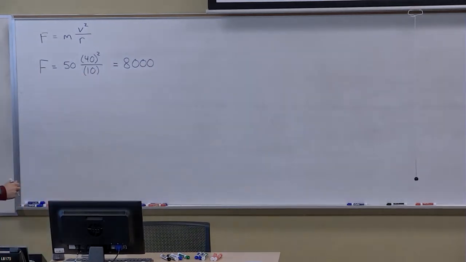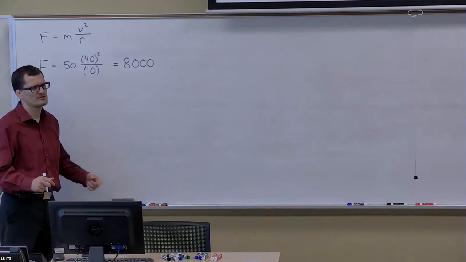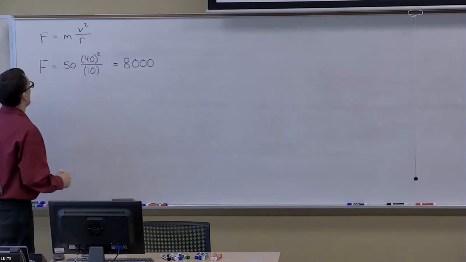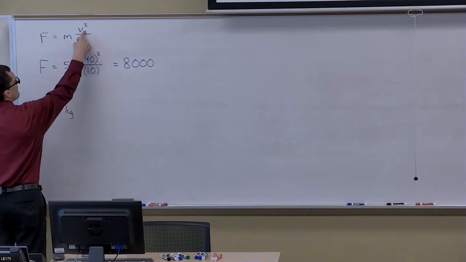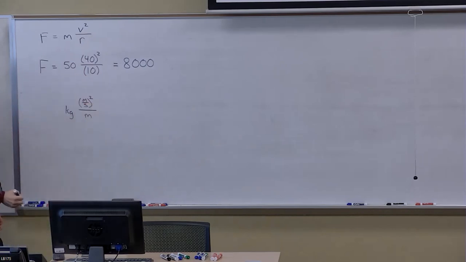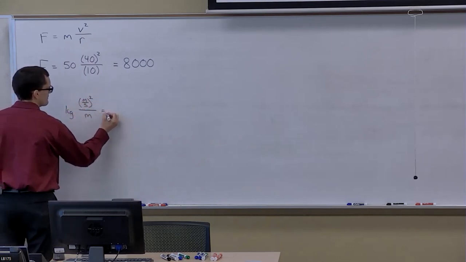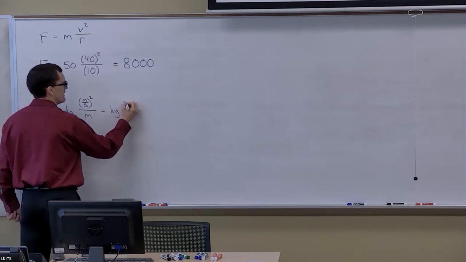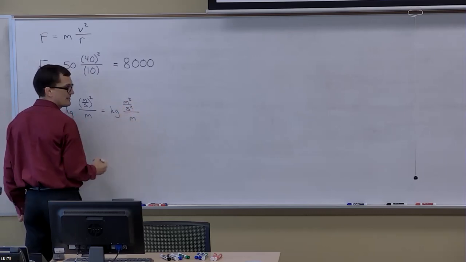By the way, if you ever want to know what the label is on force, they have some specific labels. But if you think of the mass was in kilograms, the velocity is in meters per second, and the radius was in meters, if you square things, you get meters squared over seconds squared divided by meter.